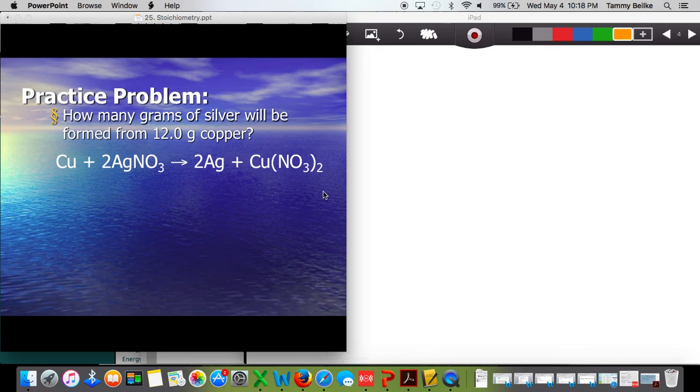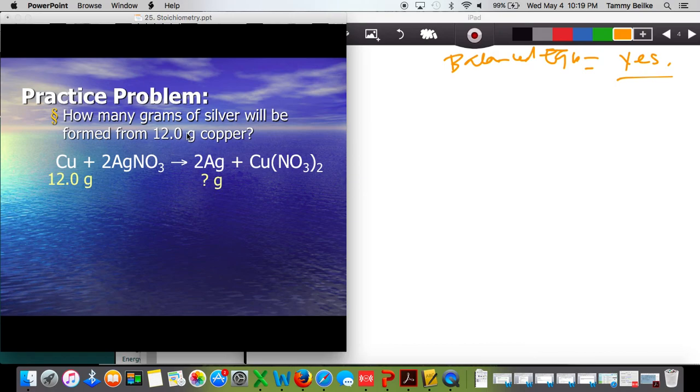Oh dear, small math. First off, do we have a balanced equation? Yes. Balanced equation. Hooray! The next thing, what are our units that we're starting with? Well, the only thing given in this problem is that we have 12 grams of copper.